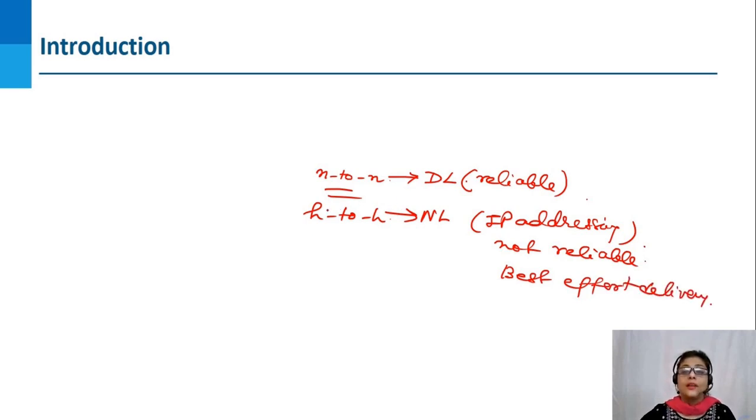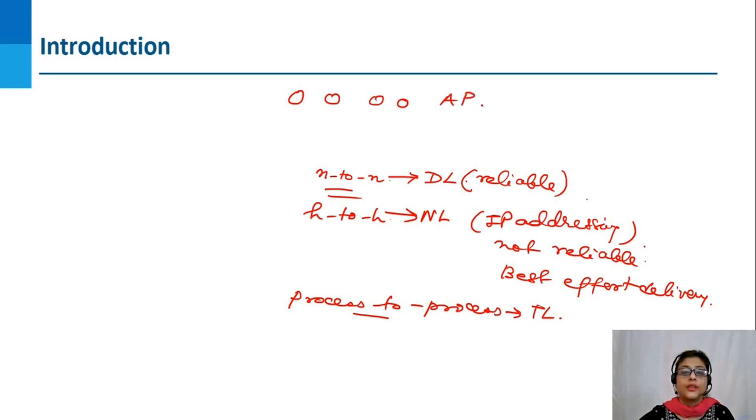But to understand the process of data communication, we must understand that there is process-to-process data delivery. And that process-to-process data delivery takes place at the transport layer. Now, this is very important because process-to-process delivery means there are different application programs at the application layer.